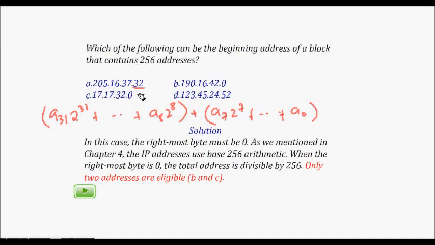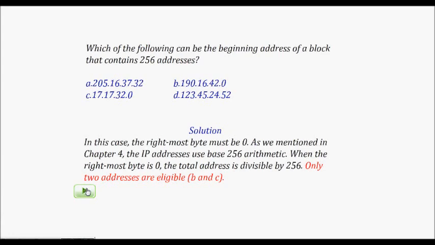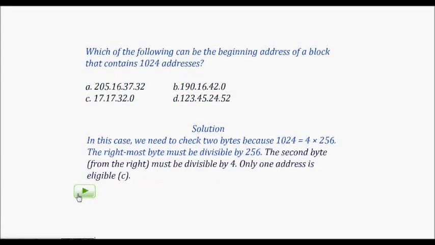If this is divisible by 256, your answer is divisible by 256. 32 is not divisible, 0 is divisible, 0 is divisible here. So these two can be the beginning address of the block, and this cannot be. So your answers are B and C. So this is also fine.